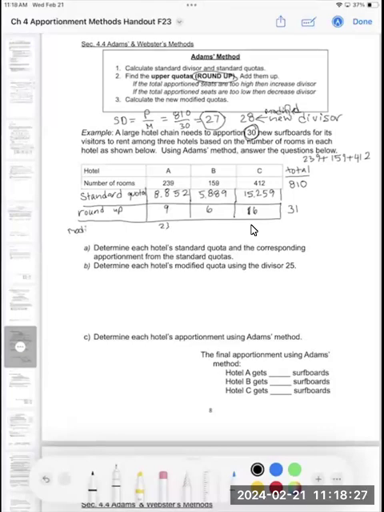Okay, modified divisor. Oh, wait. I'm going to be calculating modified quotas with the modified divisor of 28. And I'm going to just say D equals 28 here.